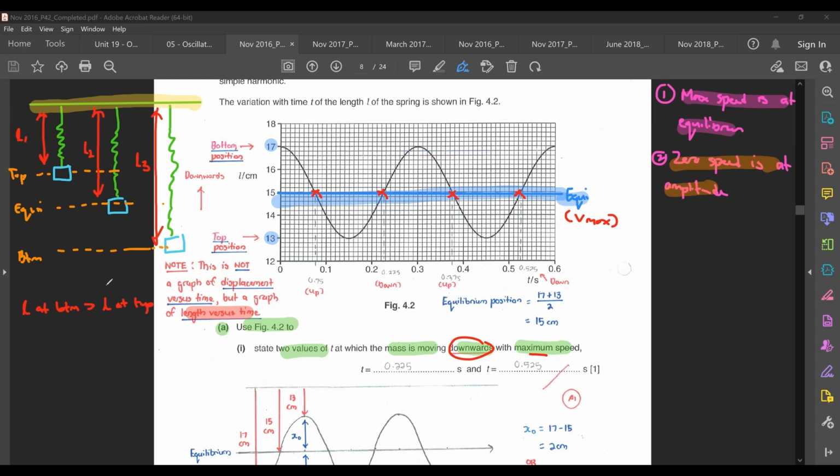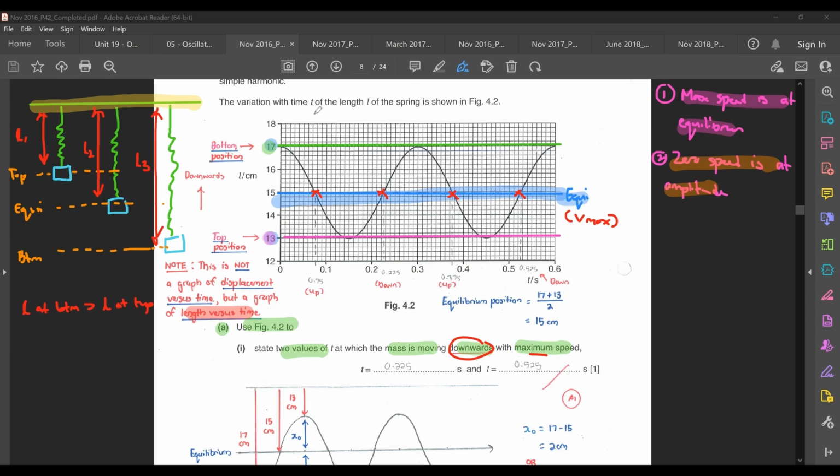So right now, you look at your current graph. This one is a graph of spring length versus time. Okay, so notice that when you reach amplitude positions, this part here is having a value of 17 centimeter, whereas this other part here is having a length of, say, 13 centimeter.